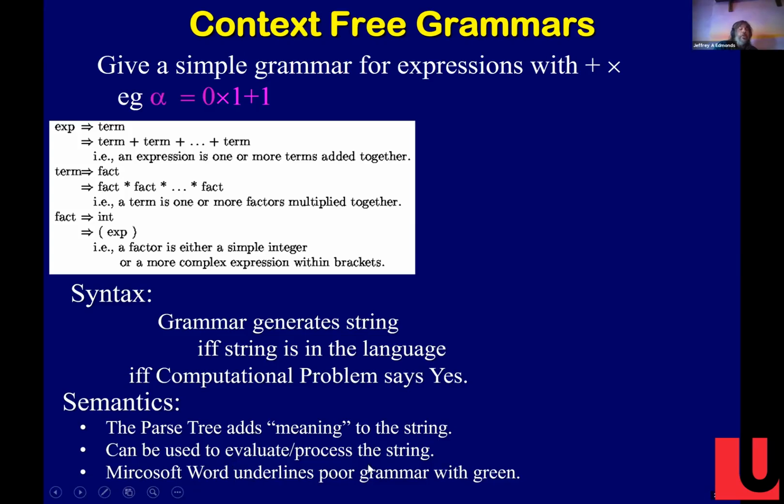Or Microsoft Word, as I said, takes sentences that you type, and if it can't parse them, it underlines them in green and says, we don't like your grammar, right? I love this algorithm, so I used it to build a compiler with my son into machine code.